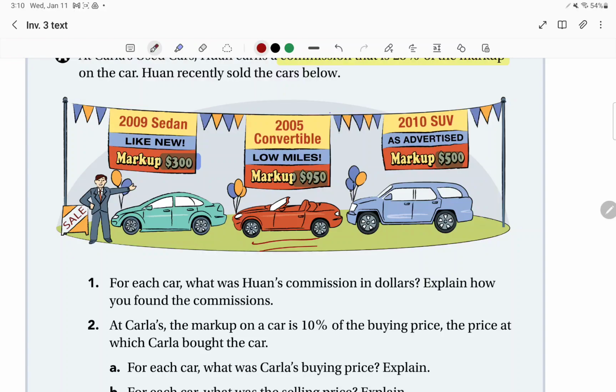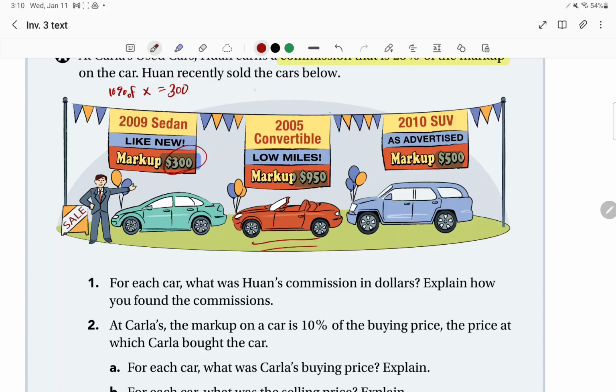So on the first one, if we know that the markup is $300, then we want to know, okay, well, what percent is that? Then we know that that's 10% of a number. So we want to know 10% of what number is 300, right? Because 300 represents 10% of some number, but we don't know what it is, okay?